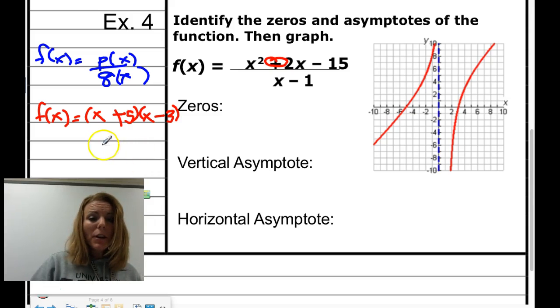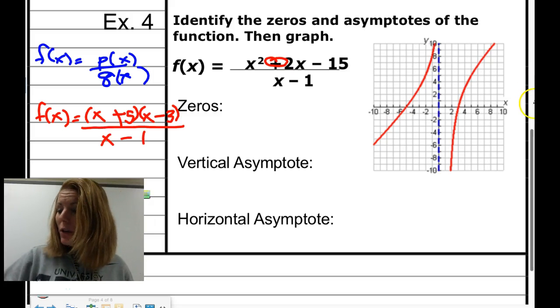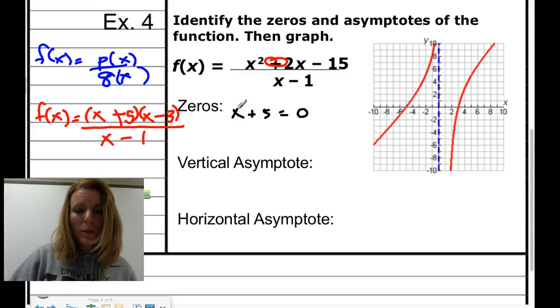And the denominator is just going to stay as x minus 1. That's not going to change. So now we have to find the zeros. Remember, we have to look at the numerator. So we have x plus 5 equals 0. So x is going to equal negative 5.